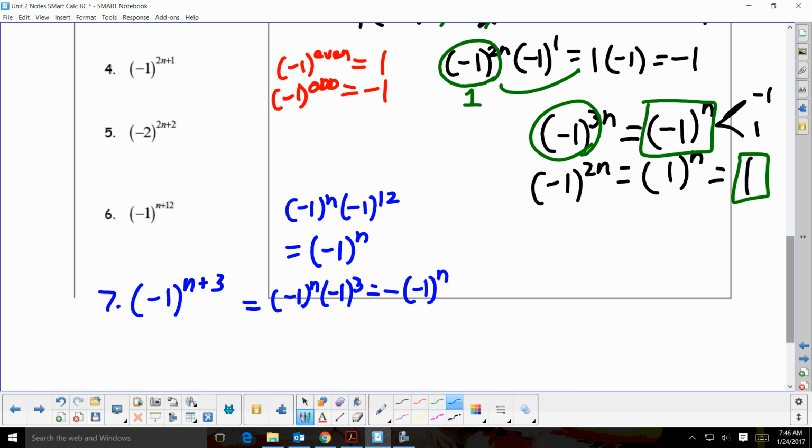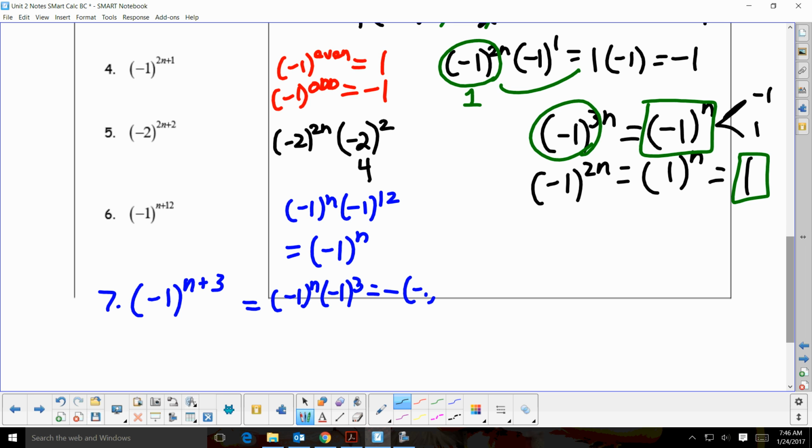Michael, what did you do? I did negative 2 to the 2 times negative 2 to the 6. Then I made negative 2 to the 2 a 4.